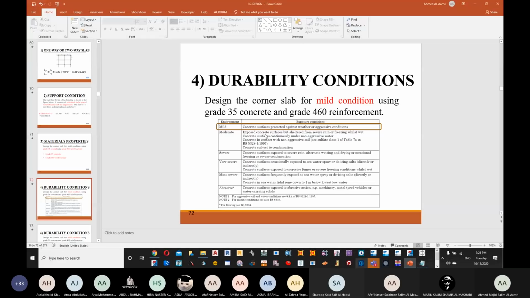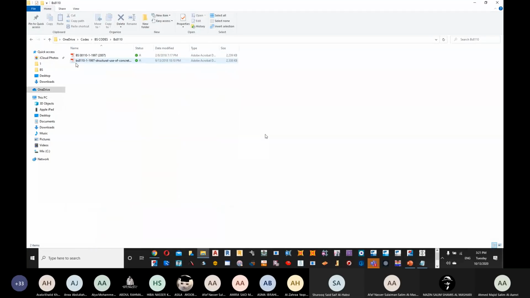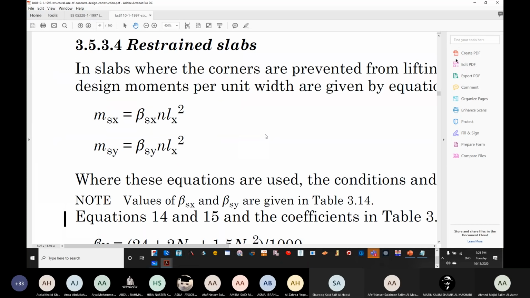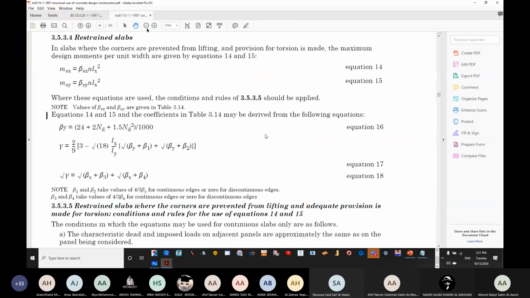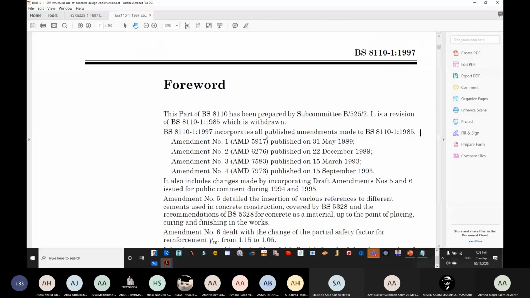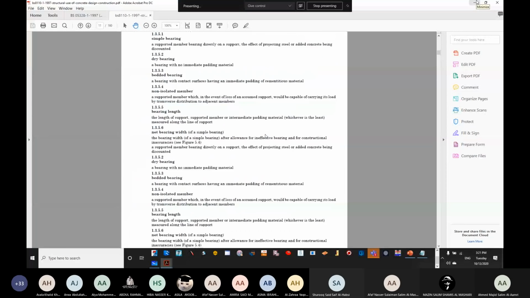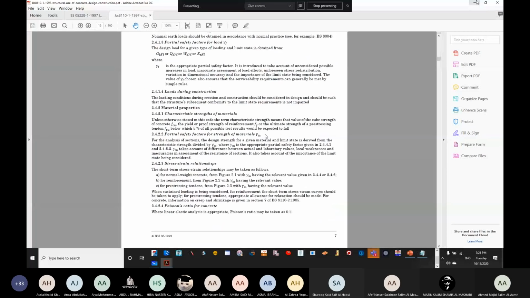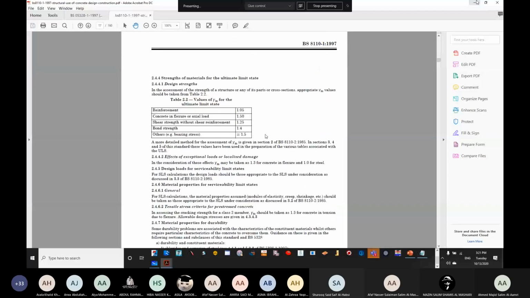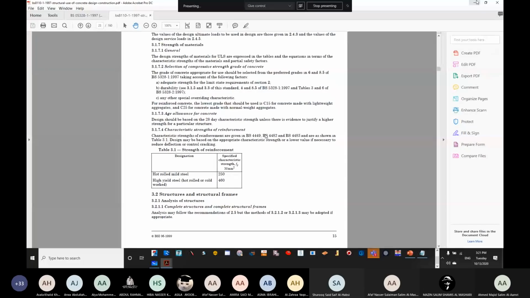Now, if we go and see the codes, for BS8110, you can see one code says that you can use the grade of 460.